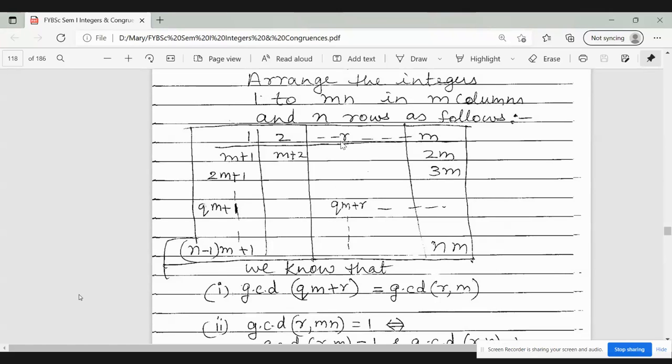So whenever r is there, GCD of all these numbers will also be the same as the GCD of r with m. GCD of qm plus r with m is the same as GCD of r with m. Understood? So that is what is helping us. So all these numbers have the same GCD.